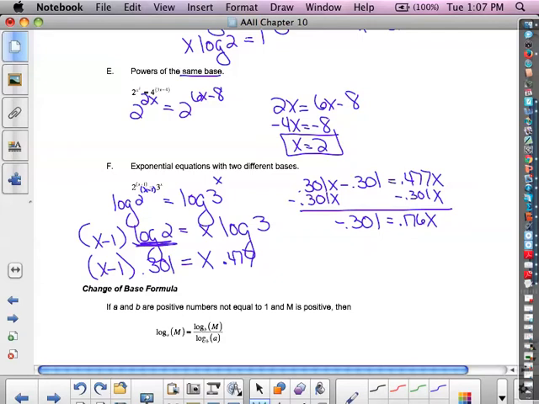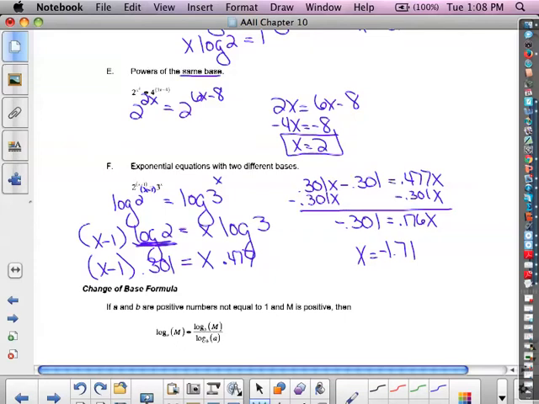So take negative 0.301 divided by 0.176, and you're going to get x is equal to negative 1.71. Okay, so if you have bases in an exponential equation that are not the same and you can't get them to be the same, you can take the log of both sides.